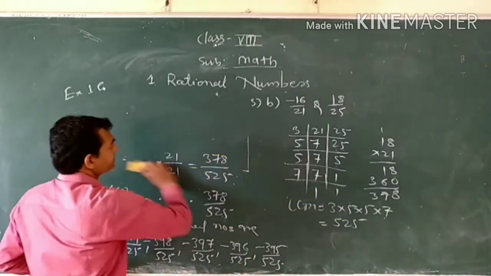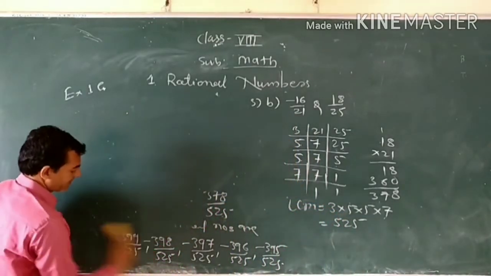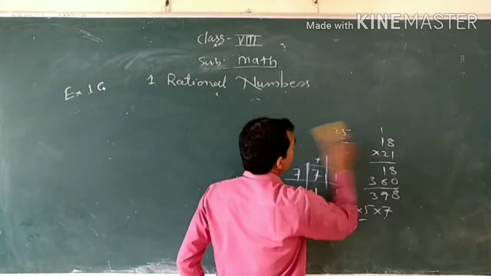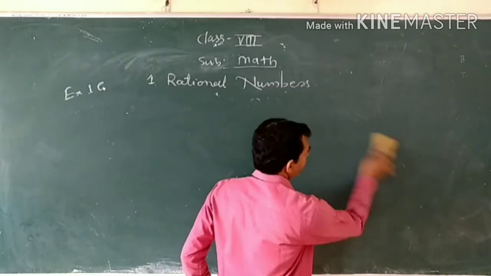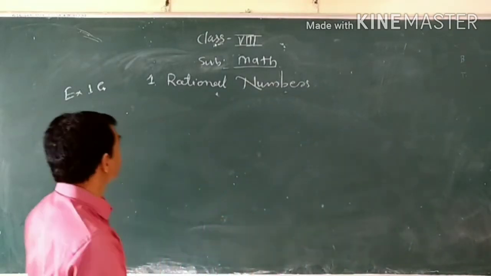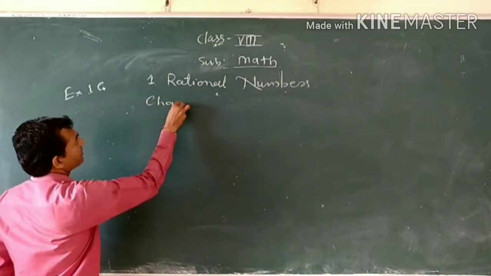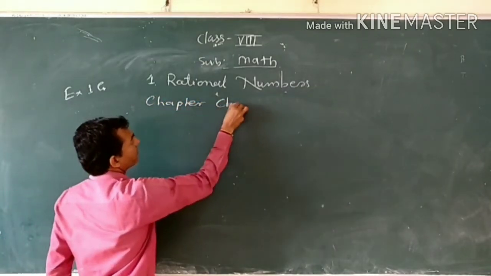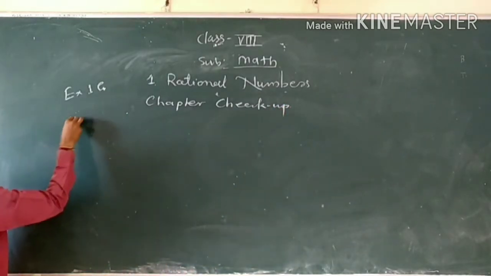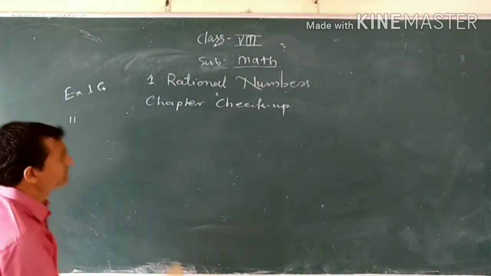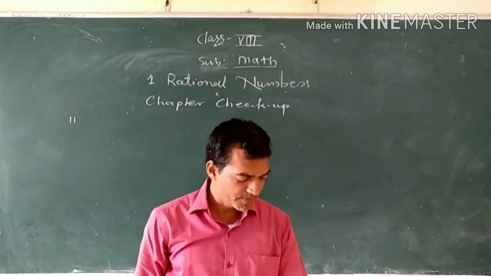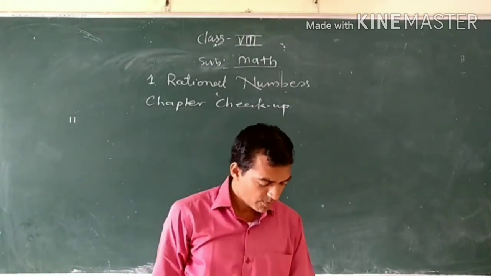See here. What is the exact meaning of this one? Chapter check out. Okay. Question number 11. See here. Seema has a roll of ribbon of length, how many? 30 meter.